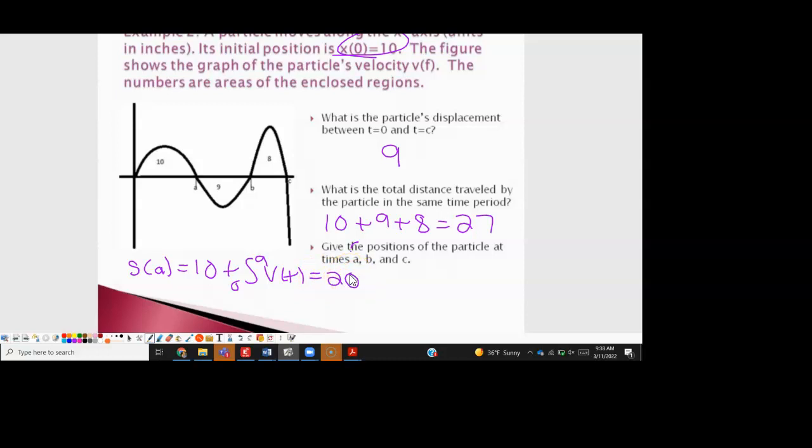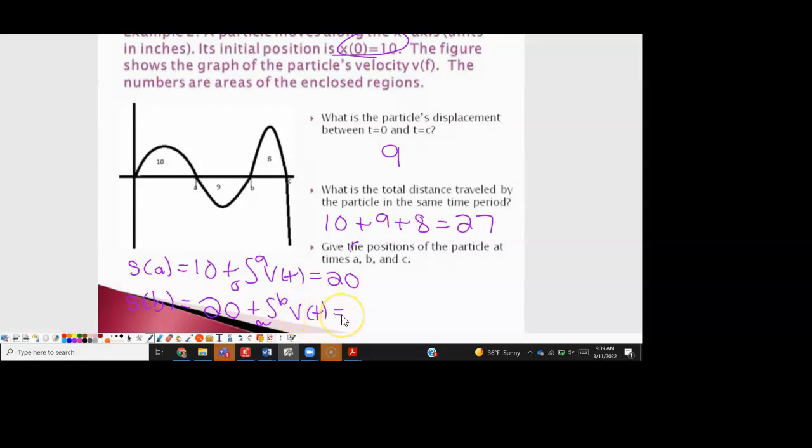You can take S of A and find B, or you can find S of B using the original. So S of B is equal to the 20, which represents S of A, plus the integral from A to B now. It's A, because that's what we're using for our initial condition.